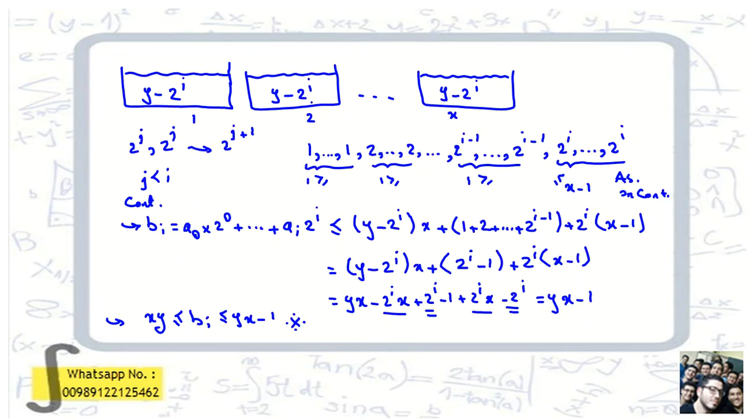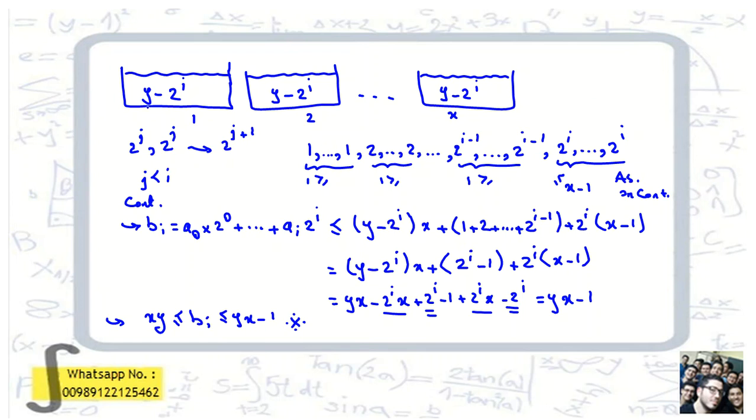We can reach y minus 2 to the I for each bag. Now, if we do this action again, if we have 2 to the j, then we change it to 2 to the j plus 1. So we can say this for j strictly less than I.